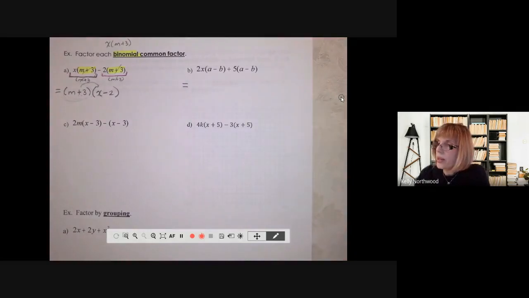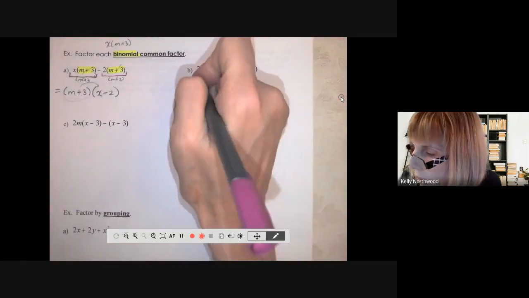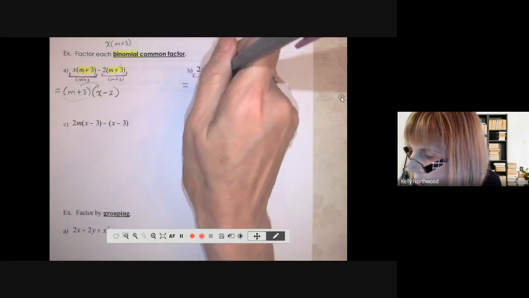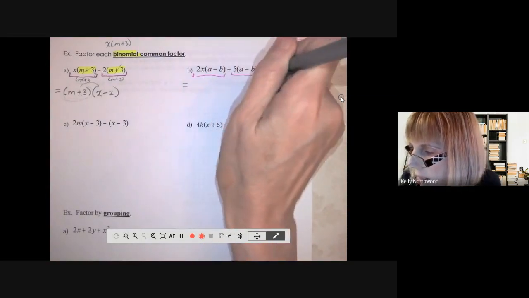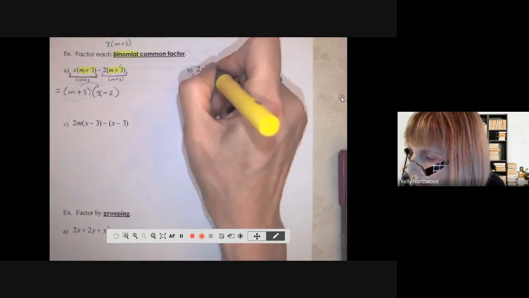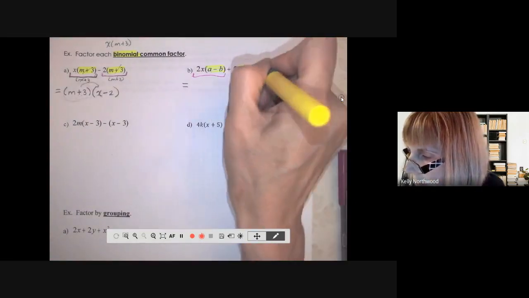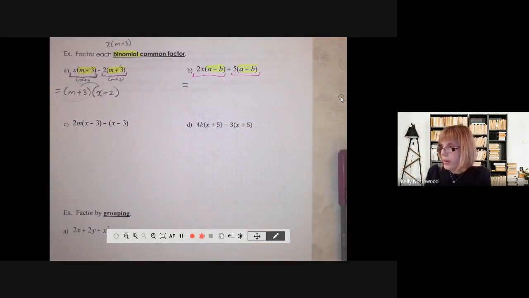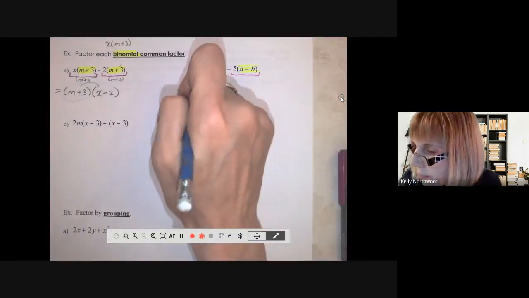So the same idea works here. There's two terms, but they're huge terms. So here's my first term, and here's my second term. And they have a binomial in common. And that binomial is a minus b.